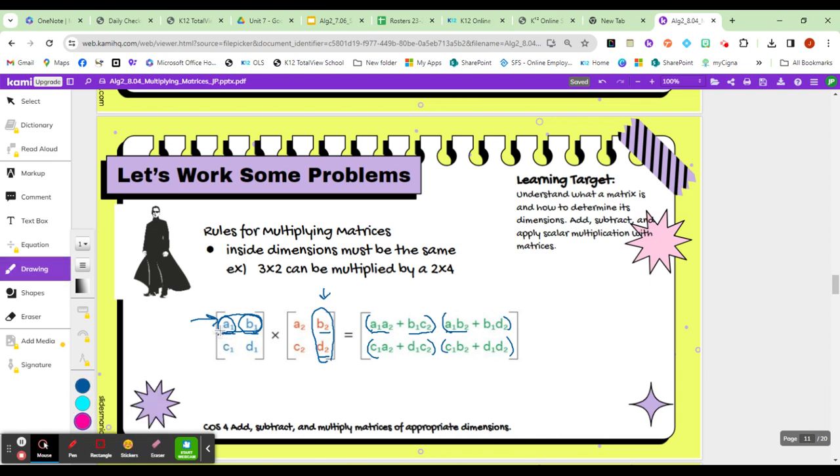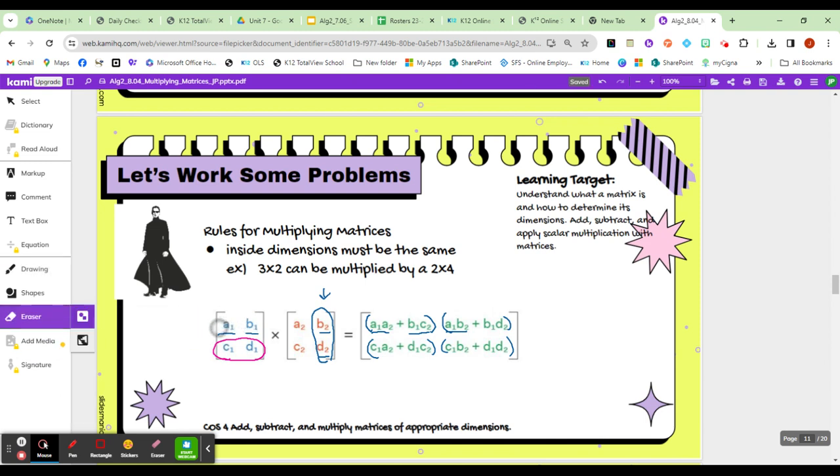When you are finished multiplying the first row in the first matrix times all the columns in the second matrix, then you move down to the next row in the first matrix. So it's always, you take the rows in the first matrix and you multiply them by the columns in the second matrix.